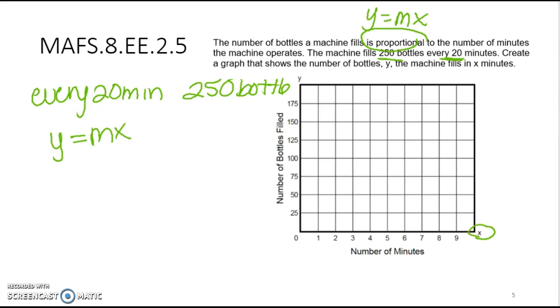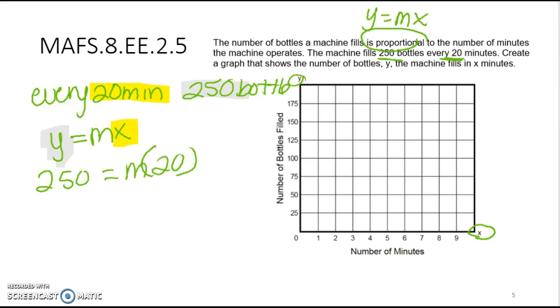So that x is our number of minutes. The y is our bottles filled. So I'm going to plug those numbers in. So I'm going to plug in the 250 for y, and I'm going to plug in the 20 for x. So 250 equals m times that 20.